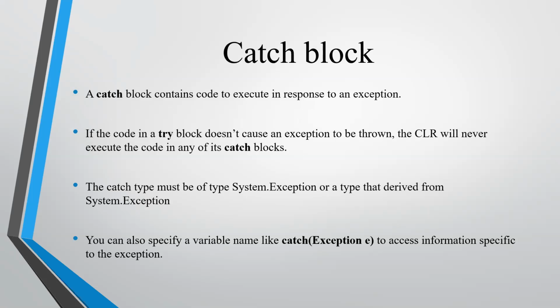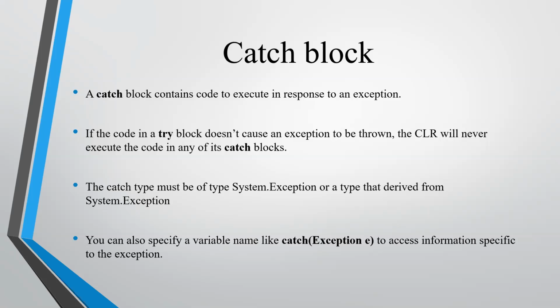Try block is followed by a catch block. A catch block contains code which gets executed in response to an exception thrown by the try block. If the code in a try block doesn't cause an exception to be thrown, the CLR, or the common language runtime, which is the runtime of the .NET framework, will never execute the code in any of its catch blocks.